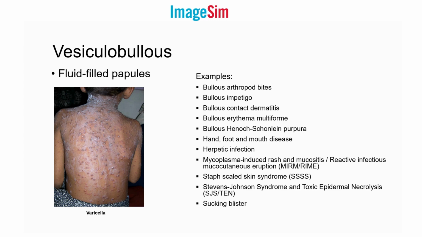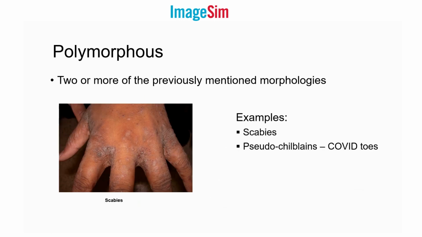Vesiculobullous are fluid-filled papules. There are many examples of vesiculobullous lesions, and here are several examples. Polymorphous occurs when there are two or more of the previously mentioned morphologies. This occurs in scabies and pseudochilblains, such as COVID toes.